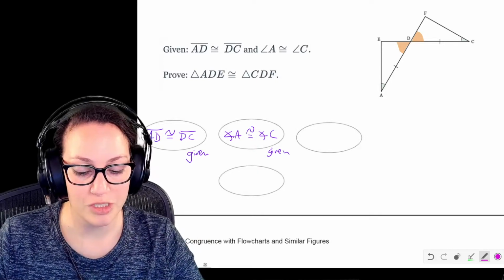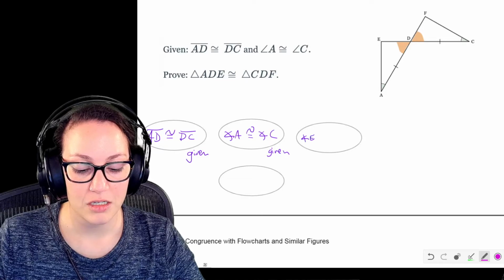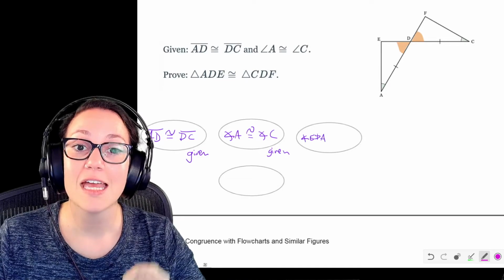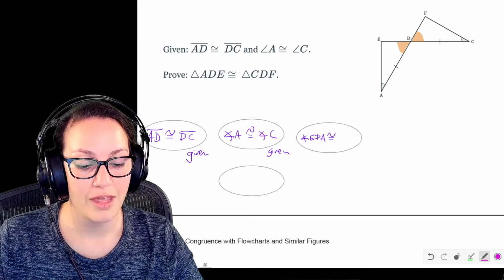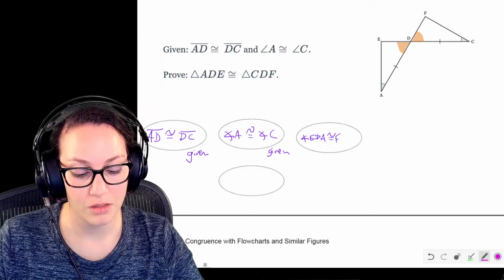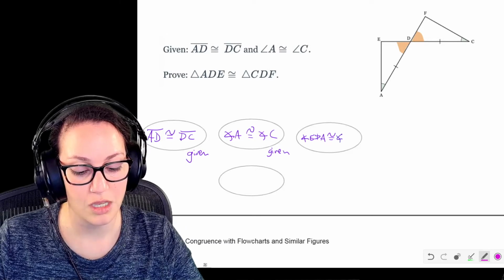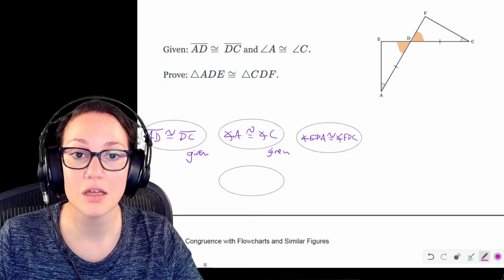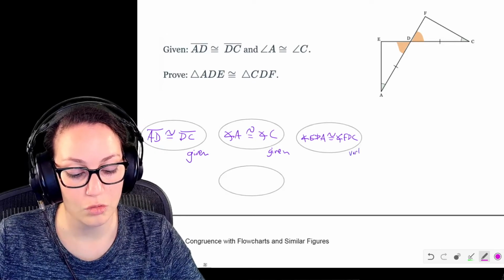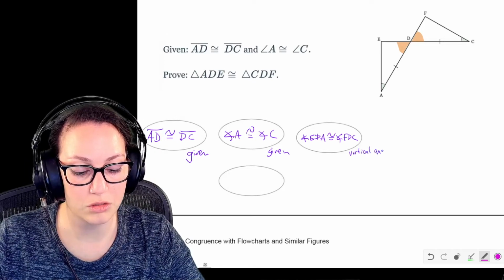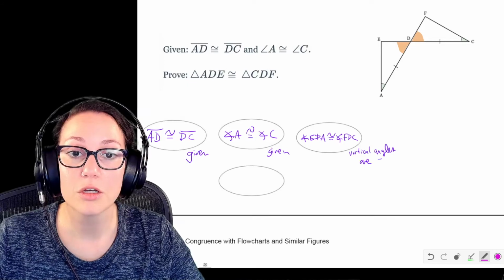So we can now say angle EDA is congruent to angle FDC. Oops, can't forget our symbols, FDC. And that's because they are vertical angles. Angles are congruent.